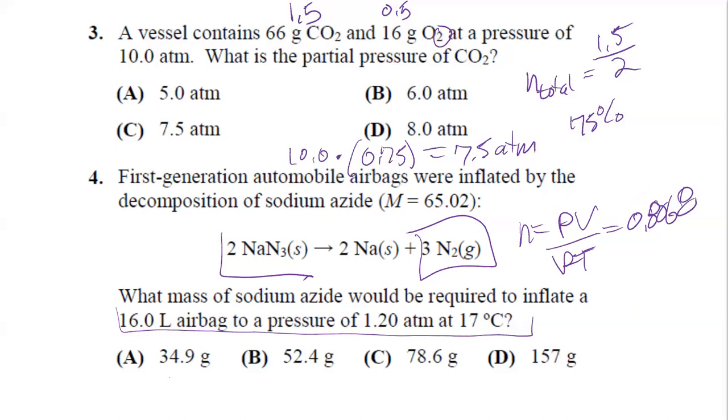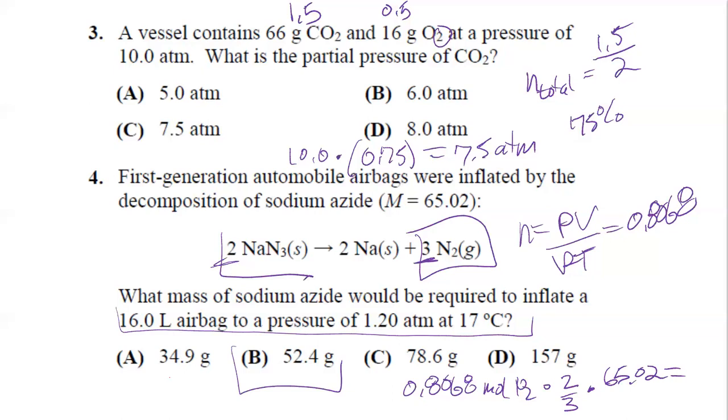Now we might make the mistake of turning that right into grams, and that gives us answer B. But what we should do is take those moles of nitrogen and use this equation here to turn them into moles of sodium azide. So we need to multiply this by 2/3, and then multiply that answer by 65. So 0.8068 times 2 divided by 3 times 65.02. And so we're really looking for 34 grams for our answer.